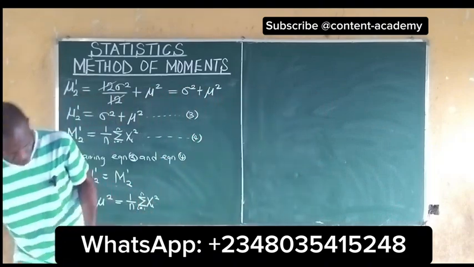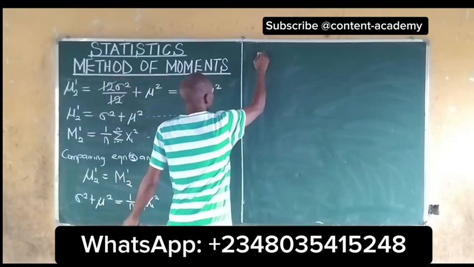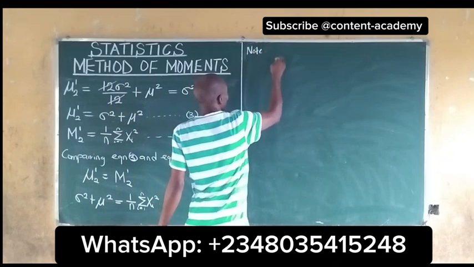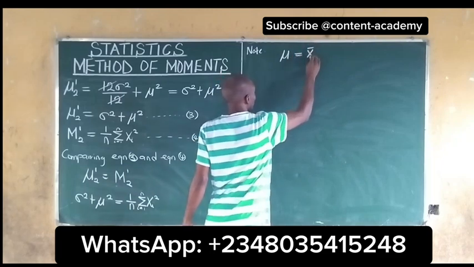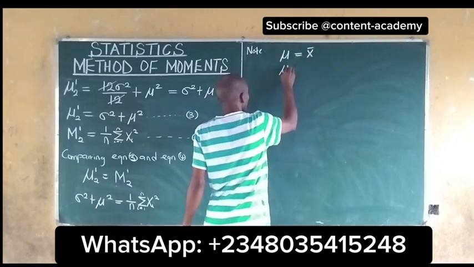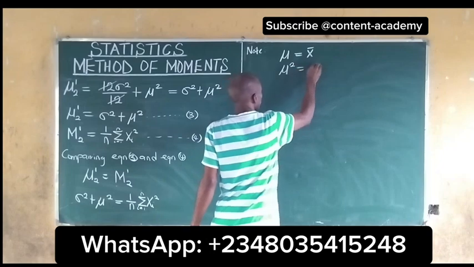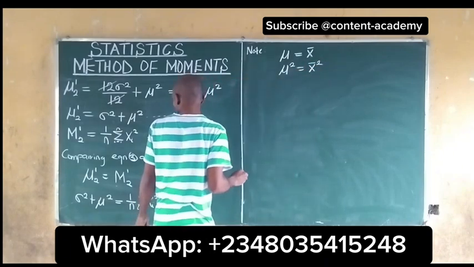All right. Now we should note that we got this to be equal to this for our first moment. So it then means that mu squared will be equal to x bar squared.